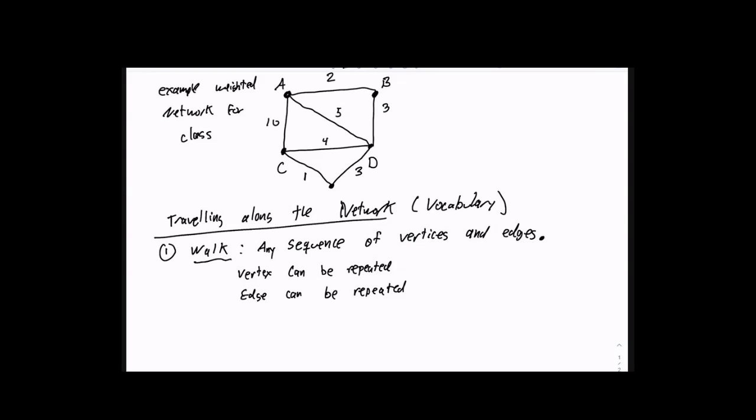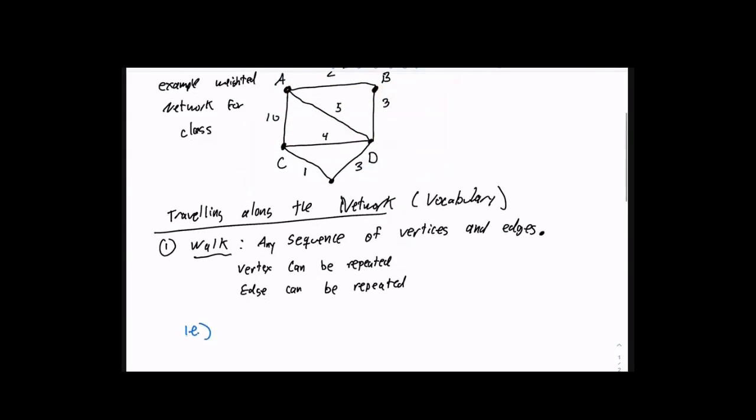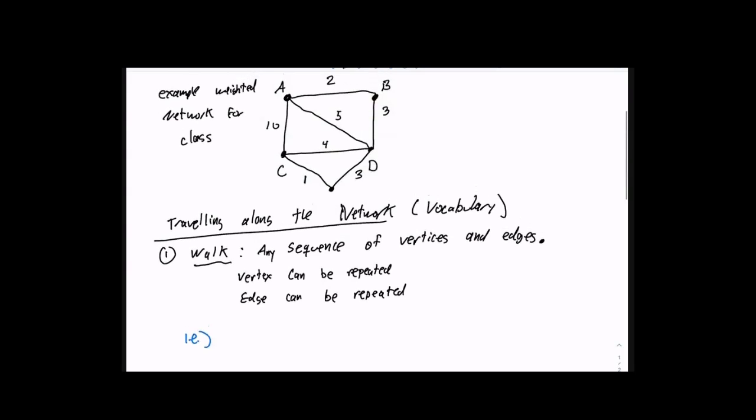So, for example, a walk could be A, B, D, A, C. Oh, and I forgot to label this bottom one as E, sorry.